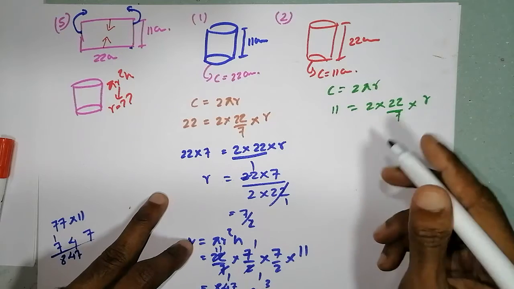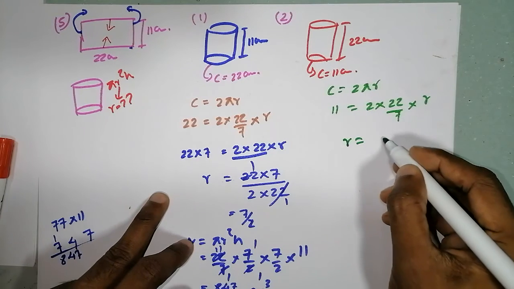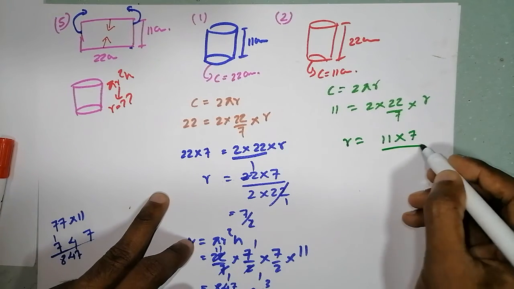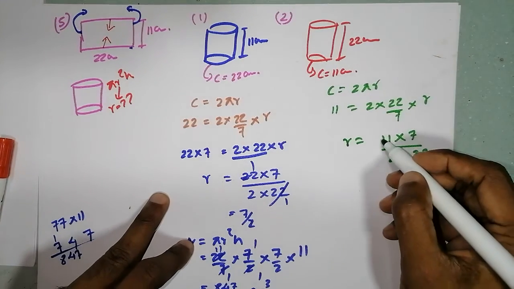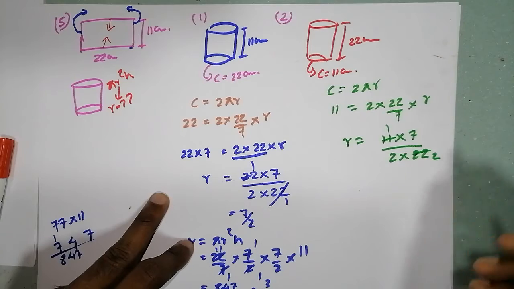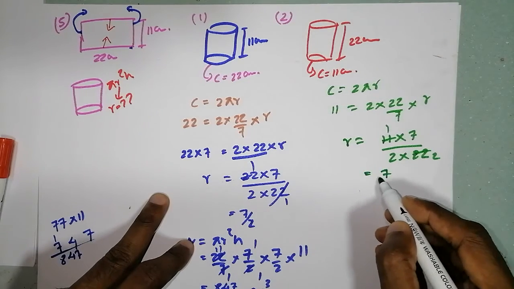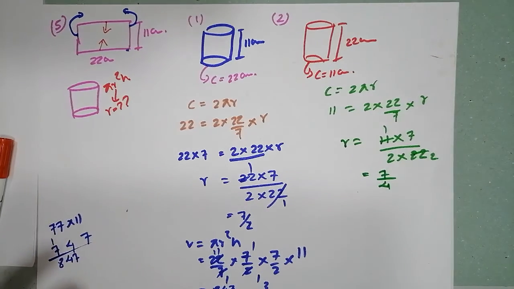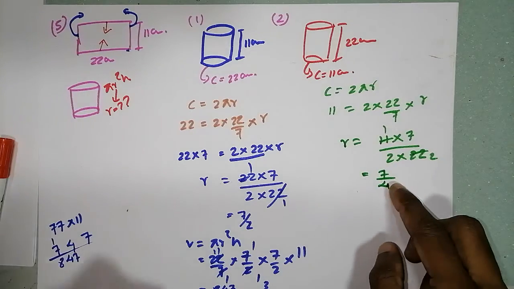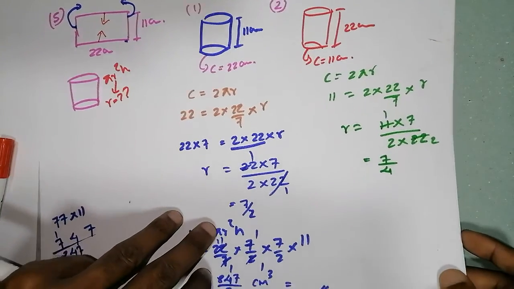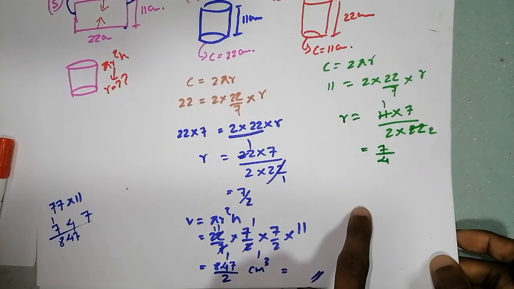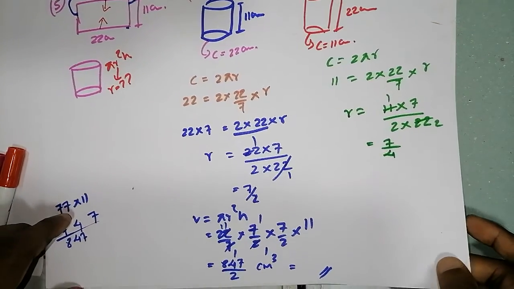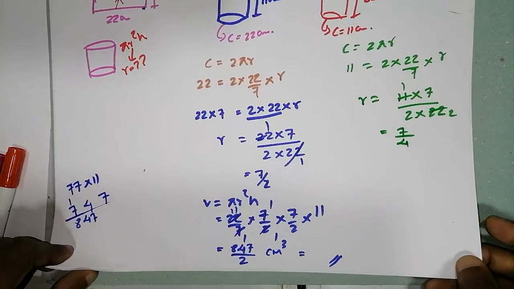So subject the terms: r equals 11 into 7 over 2 into 22. 11 times 1, 11 times 2, so it's 7 over 4. We don't want to change it to a decimal value because this is a simple form.